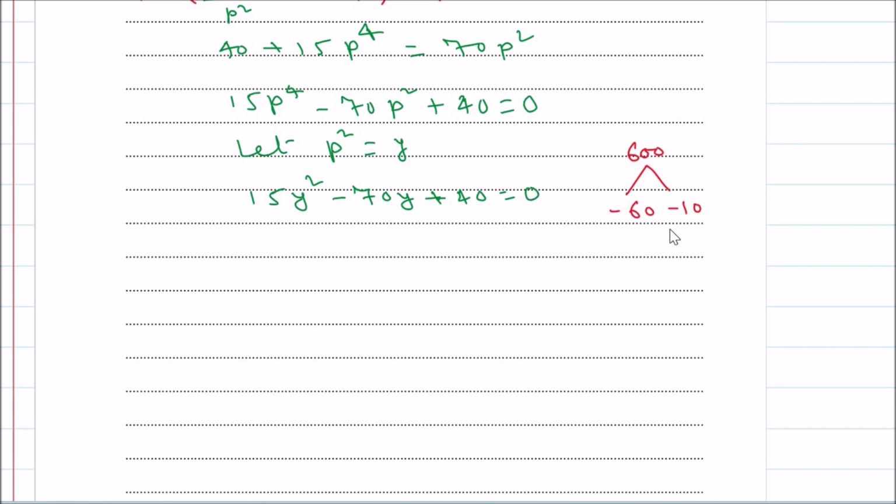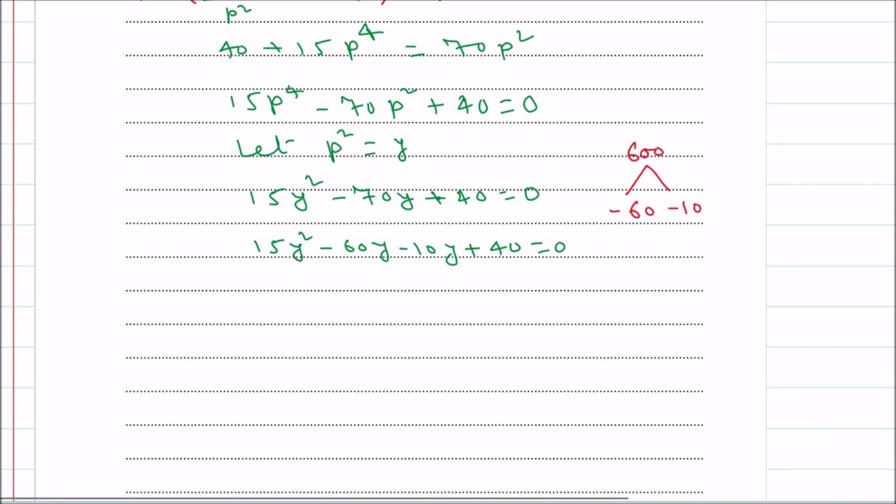So minus 60 minus 10 gives us minus 70, and if we multiply, we get positive 600. So this will work for us. Now we will split the middle term. So we write here 15 y square minus 60y minus 10y plus 40 is equal to 0.